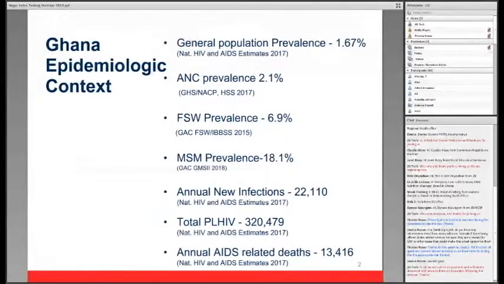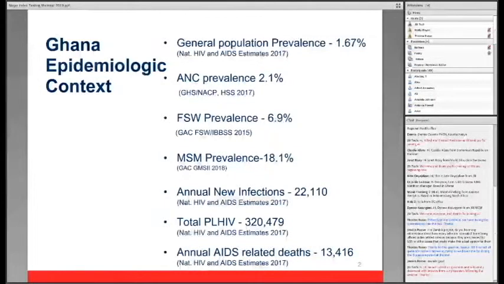Just for the epidemiology of HIV in Ghana, it's considered a generalized epidemic with a prevalence of 1.7, but we have high prevalence among female sex workers of 6.9 and about 18% among MSM.